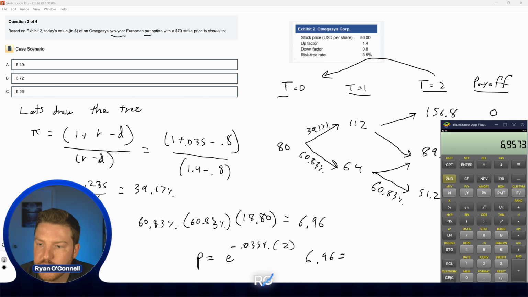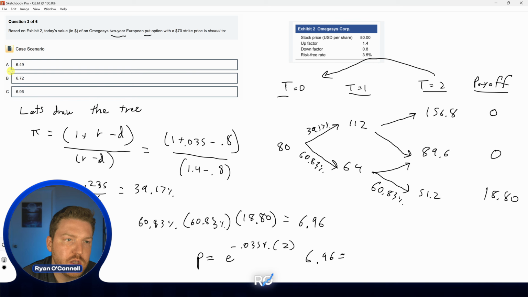Let's do that. I'm going to store this in the one slot to recall later. We'll take 0.035 negative and multiply it by 2, which gives us this value. So that's our discount factor, and we'll multiply it by 6.96, which is going to be equal to 6.49, which should be answer A.